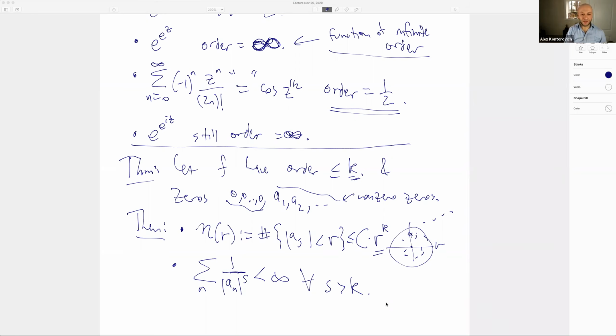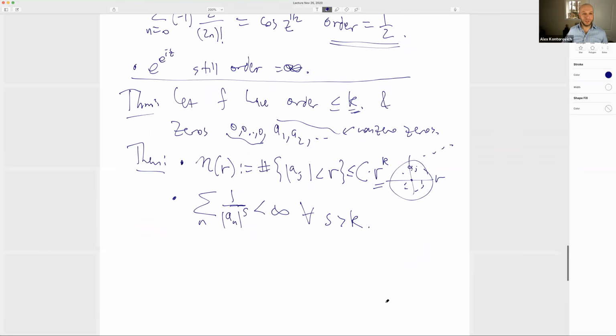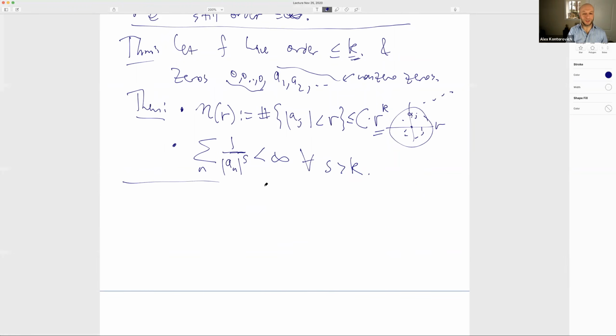So this is the main theorem, but I need some lemmata before we get to it. The point of this theorem is that the order, the e to the z to the k growth rate of the function, that k determines the growth rate of the zeros. The zeros can't grow faster than this, and it determines regions of convergence of some series of the zeros, which some people call the Poincare series.